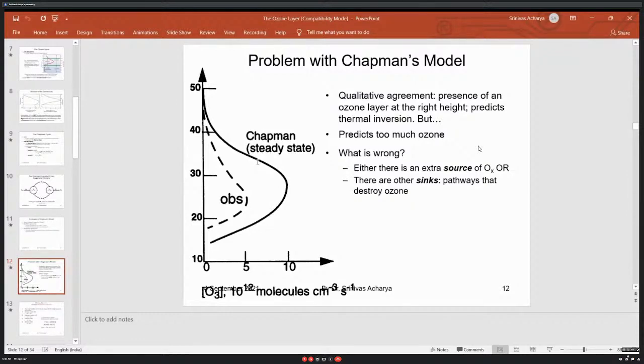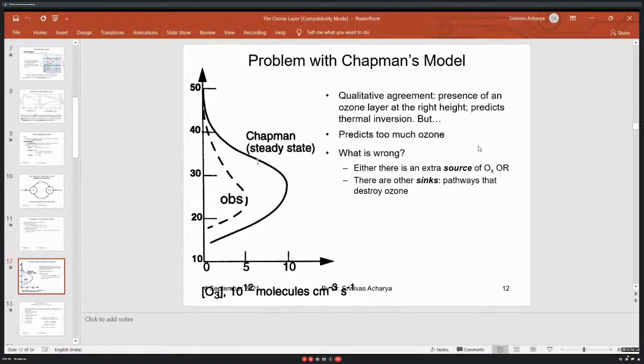Yes, that must be the second one. That means some other sources are there which destroy ozone, and they can dissatisfy this Chapman model. For that reason, we will face some extra ozone depletion or a constant ozone hole formation.